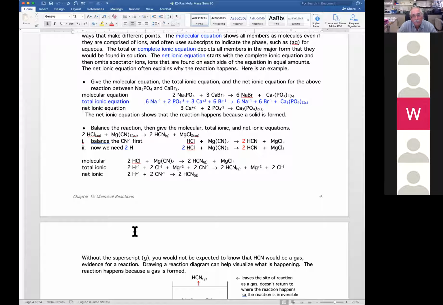If you're making hydrogen and oxygen for a fuel cell, you're taking water that is perfectly happy, but then you're adding energy to split that water molecule into oxygen and hydrogen. So that is not a spontaneous reaction.